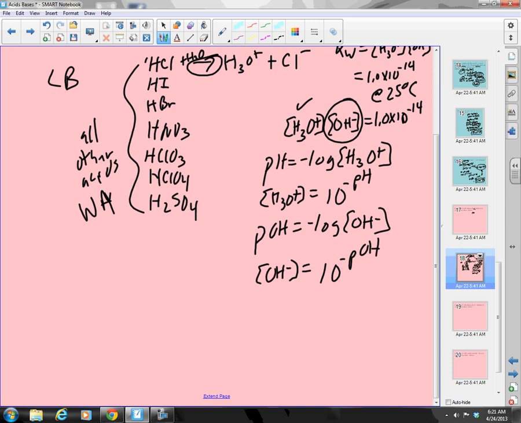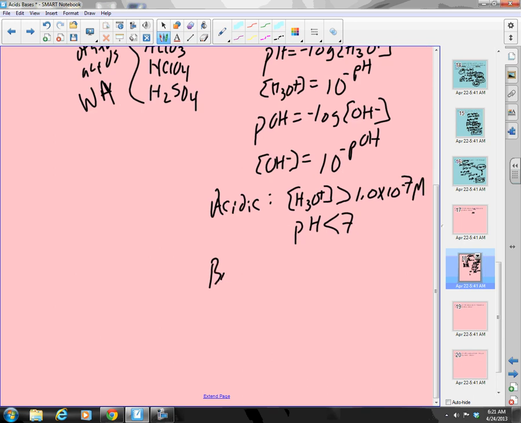And then we talked about acids or acidity. An acidic solution is what? An acidic solution is one where my hydronium concentration is greater than 1.0 times 10 to the minus 7th molar. And that would mean my pH is less than 7, right?